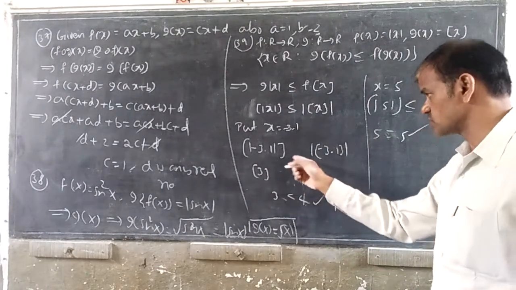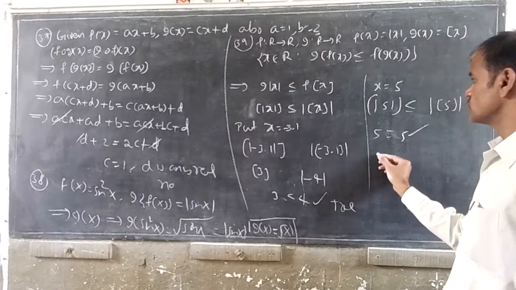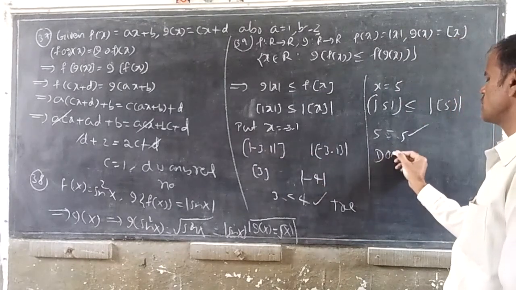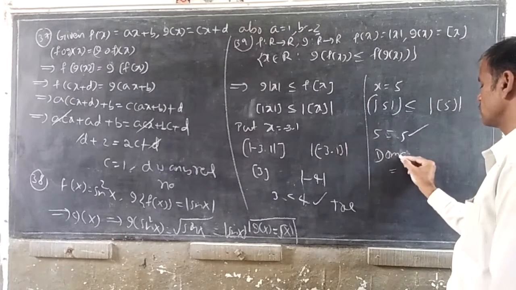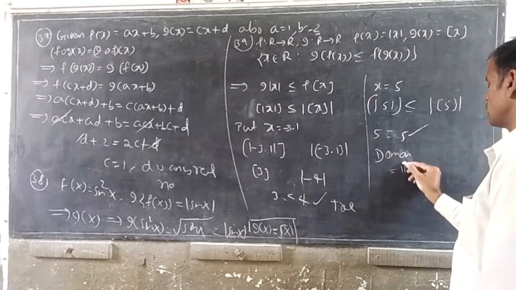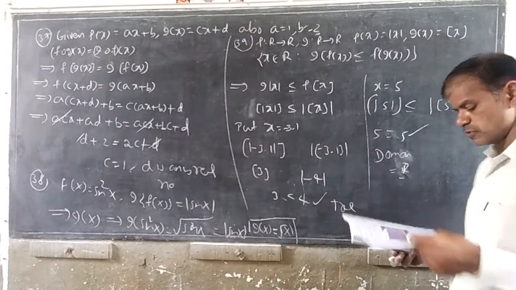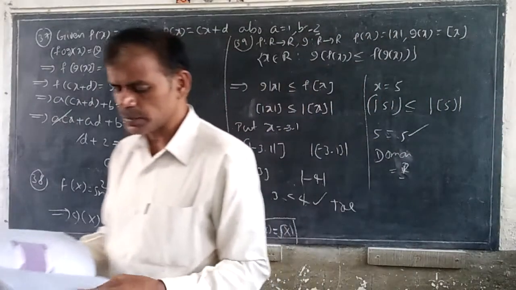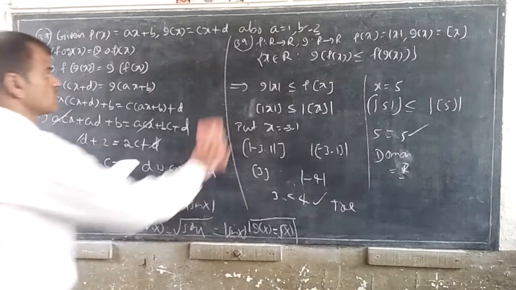Negative numbers also satisfy, not only integers but real numbers. So the domain is any real number; we can directly substitute any real number. So option 4. Now let us see 48%.